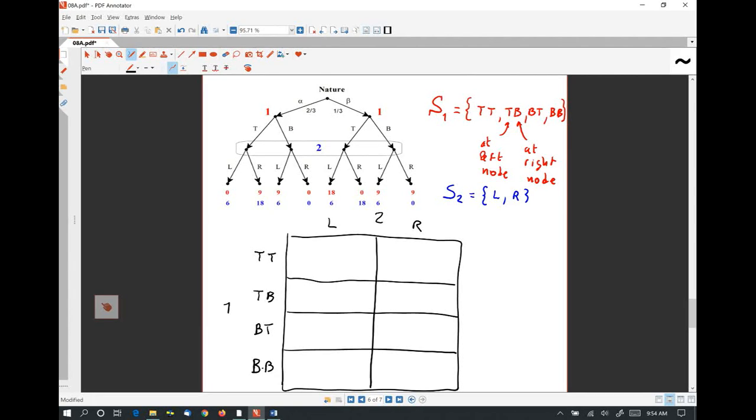So let's take, for example, this strategy profile here, BTL. So what does that mean? BT, the first one refers to the left node, so B there and T there, and player 2 plays L. And then what are the payoffs? Well, they could be 9-6 or they could be 18-6 depending on what nature chooses.